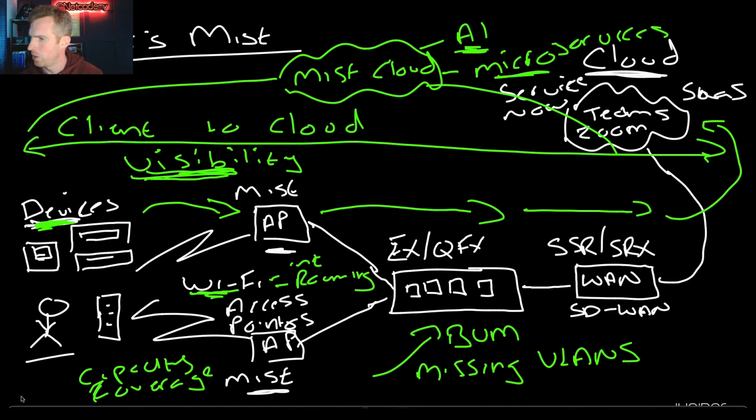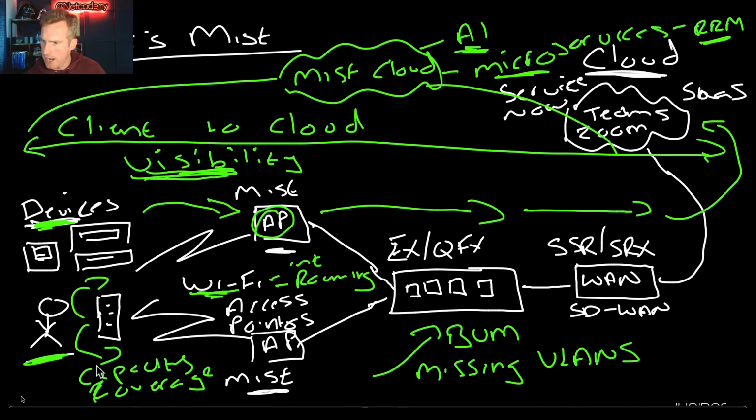And one of the microservices of Mist is something called Radio Resource Management, or RRM. And there's lots of these microservices. And this is really when we start talking about the access points themselves and the devices, the clients that are connecting. And this is important because these devices, they're moving around, aren't they? They're going from one access point to another access point. We're portable, we're mobile these days.